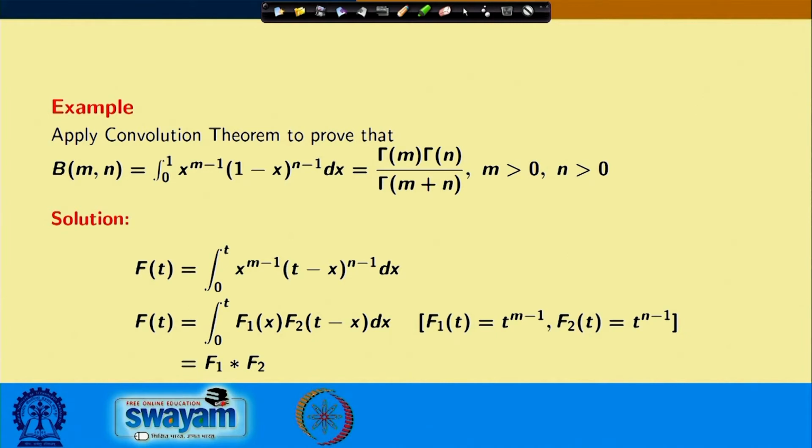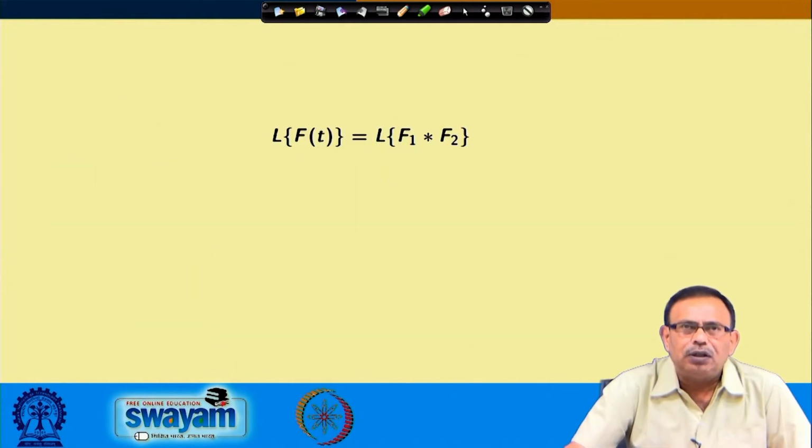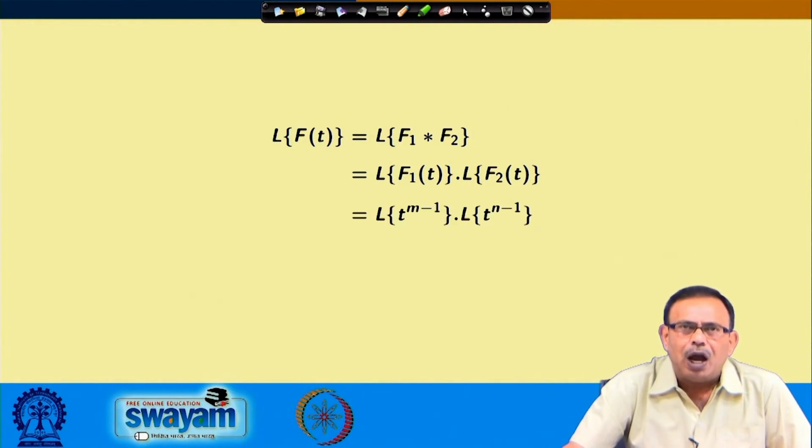Once I am writing f(t) equals f1 star f2, now take Laplace transform on both sides of the given equation. So, you will obtain Laplace transform of f(t) equals Laplace transform of f1 star f2. So, using the convolution theorem, Laplace transform of f1 star f2 you can write down as Laplace transform of f1(t) into Laplace transform of f2(t), and f1(t) is t to the power m minus 1, f2(t) is t to the power n minus 1, and you are writing the Laplace transform of these two functions as gamma m by s to the power m into gamma n by s to the power n.